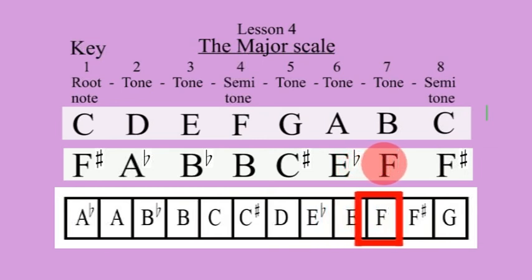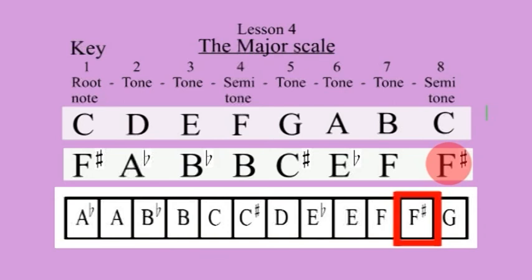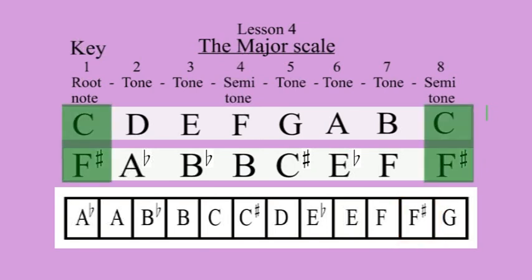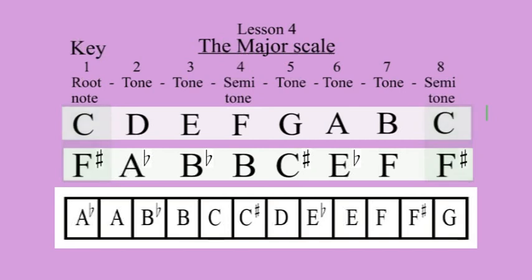A tone up from E flat is F. A semitone up from F is F sharp. We are now back where we started. Yet again the root note and number 8 are still the same note.